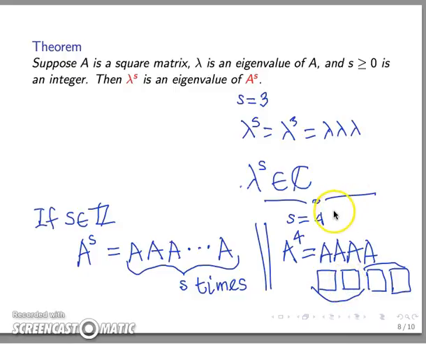Here we're assuming that number is n, all right? And so this A to the S matrix is a new matrix, and an eigenvalue of that new matrix is lambda to the S, also a new scalar after raising to a power.